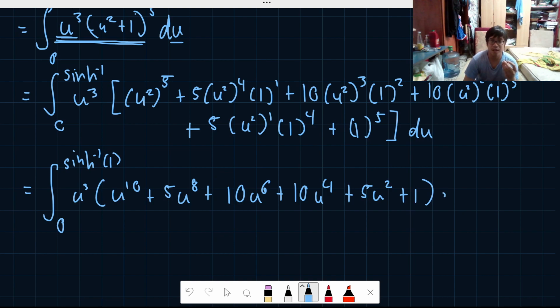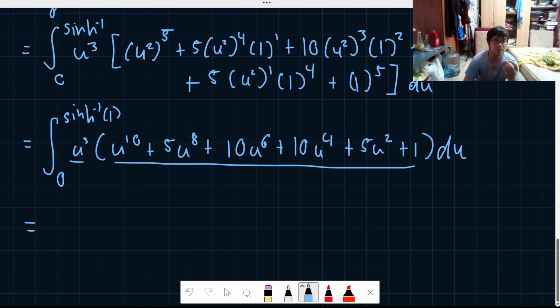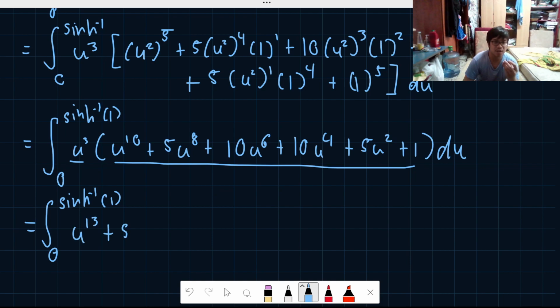That's it. Then we will distribute u cube in this parenthesis. So what we will have here is that we will have u cube times u raised to 10 is u raised to 13 plus 8 plus 3, 8, 9, 10, 11.